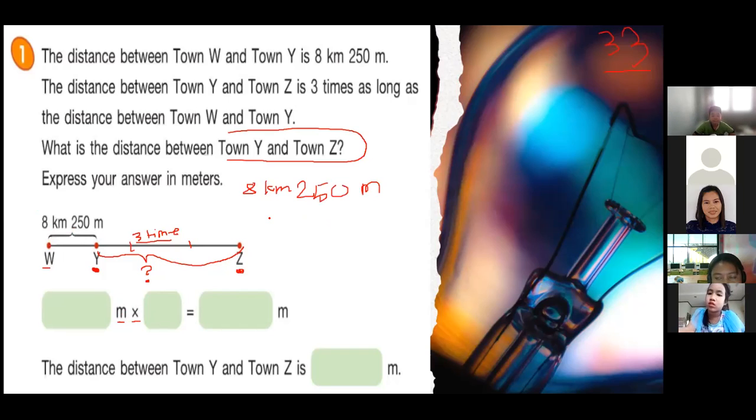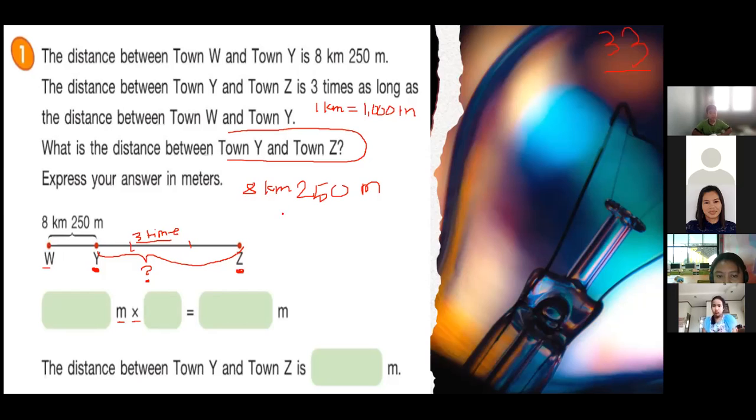Okay, so we need to convert this one into meter. So remember, 1 kilometer is equals to 1,000 meter. So how many kilometer in meter?